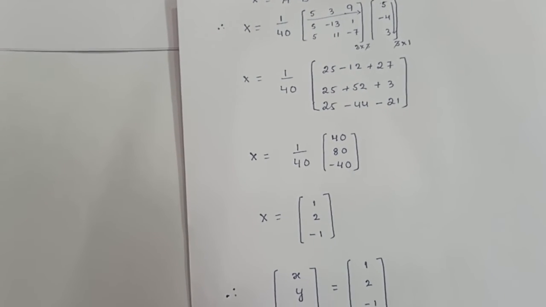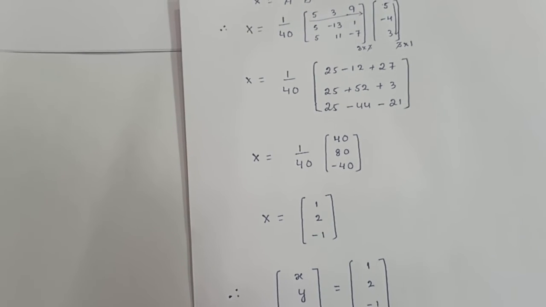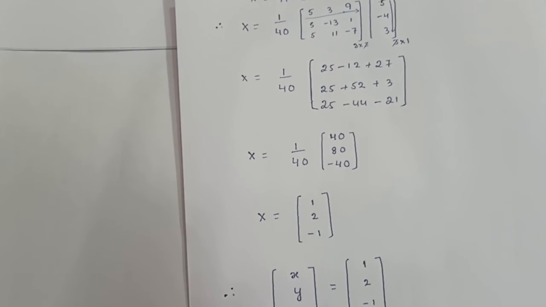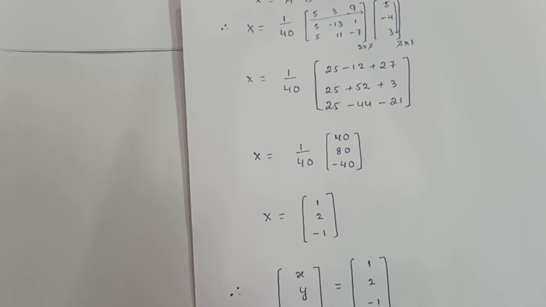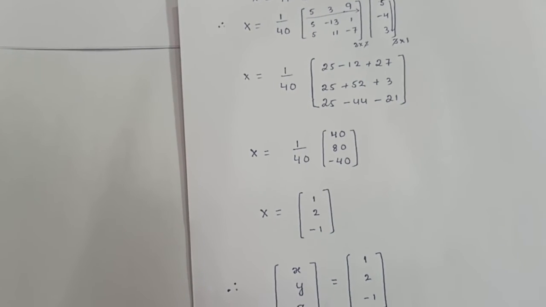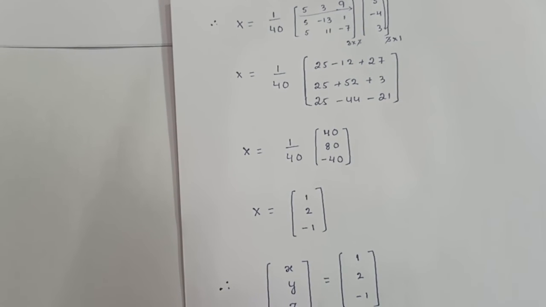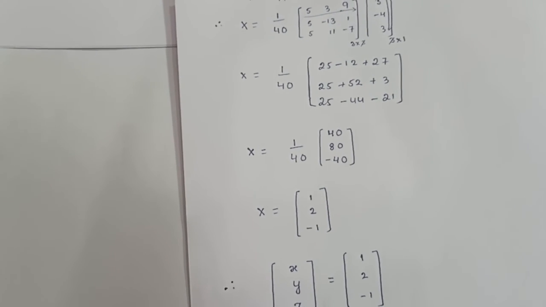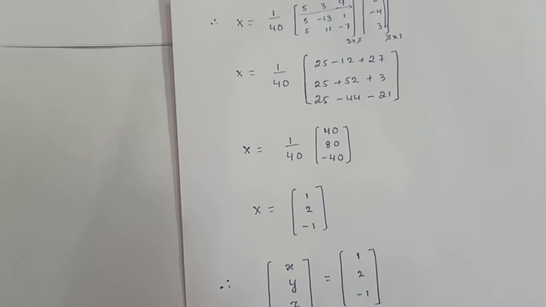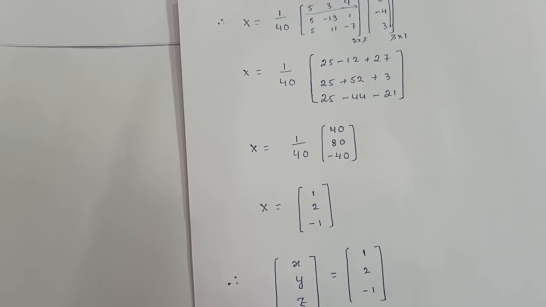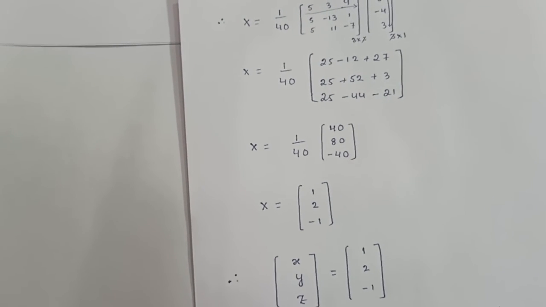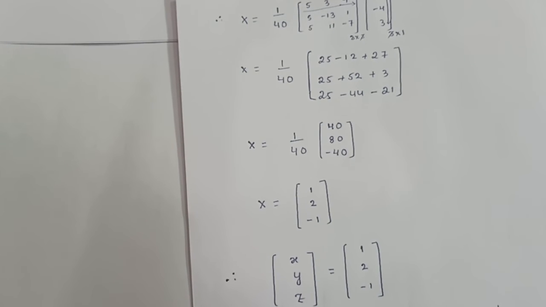Therefore X equal to 1 by 40 into (25 minus 12 plus 27, you will get 40). Next, second one: 25 plus 52 plus 3, you will get 80. 25 minus 44 minus 21 is minus 40. Therefore X equal to 40 by 40 is 1, 80 by 40 is 2, minus 40 by 40 is minus 1.